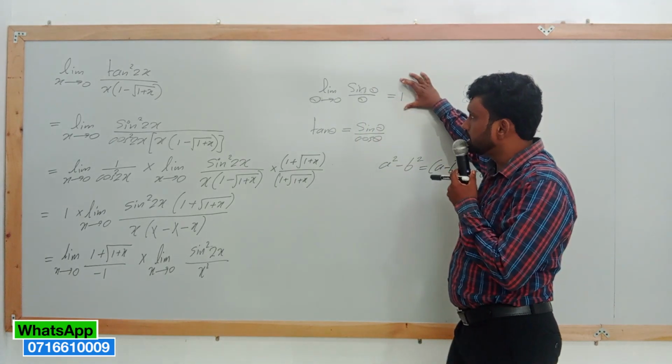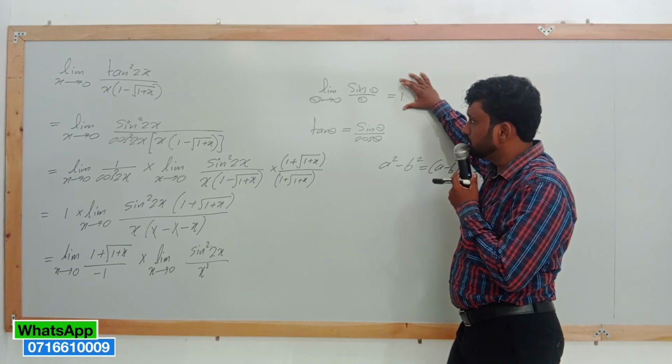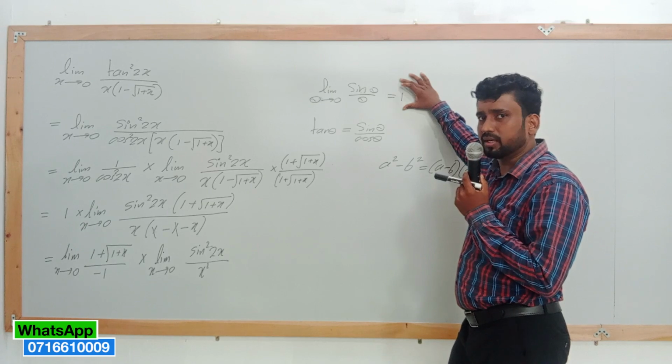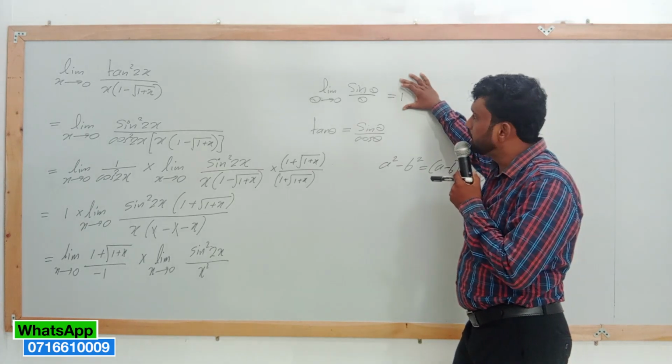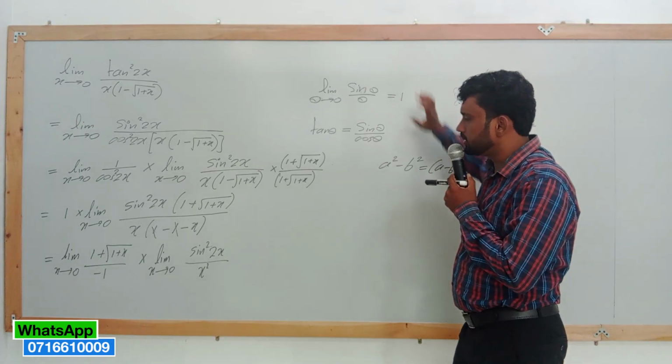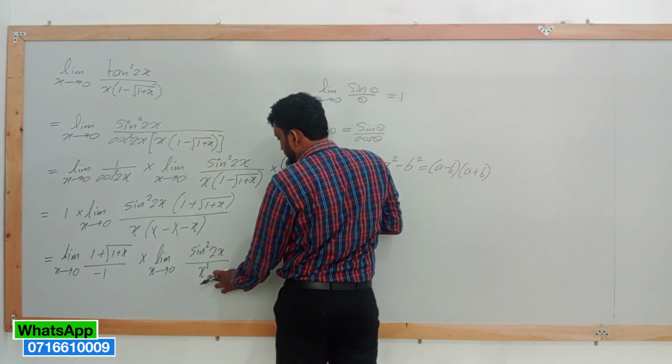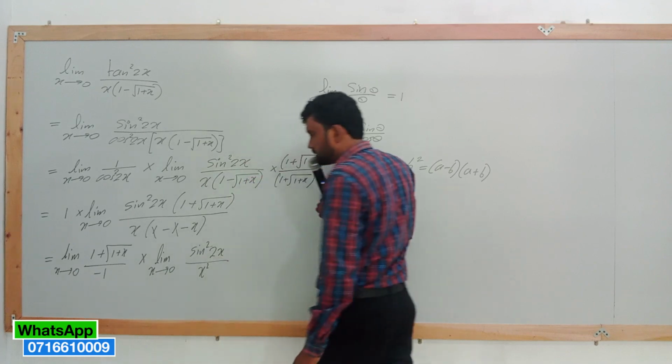Take the theory: limit theta goes to 0, sin theta divided by theta goes to 1, okay? That goes to 1.